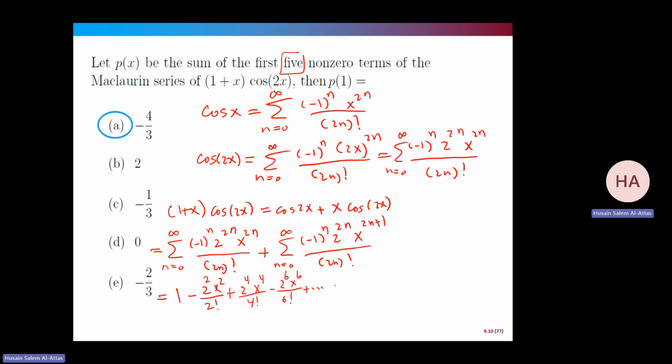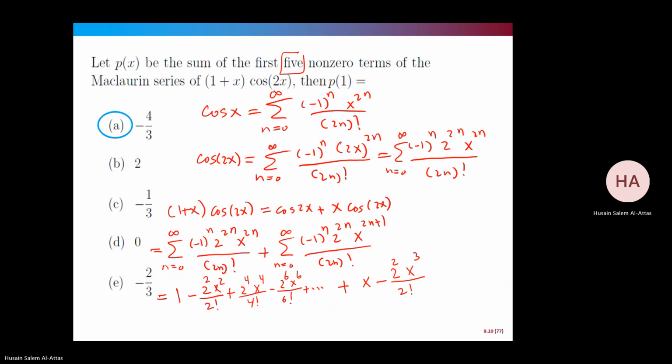Now I have the other one. That will be plus. Now at n equals 0, minus 1 to the power 0 is 1, 2 to the power 0 is 1. So I have x over 0 factorial, which is 1. Okay. Now, at n equal 1, I have minus 2 to the power 2, x cubed over 2 factorial.